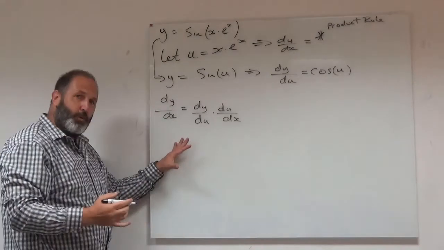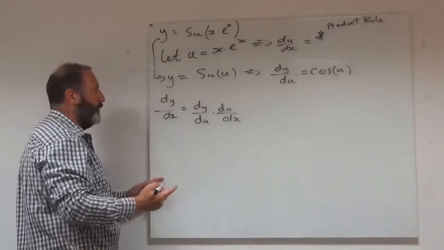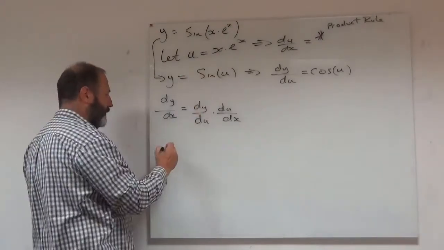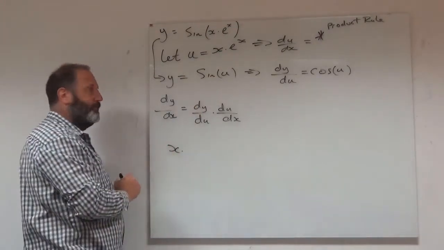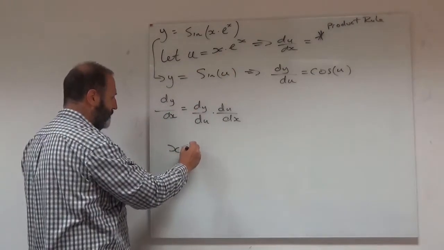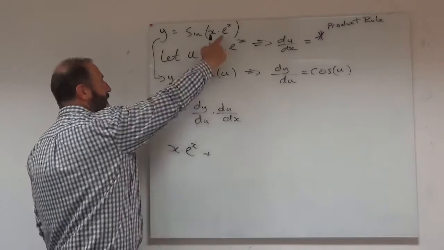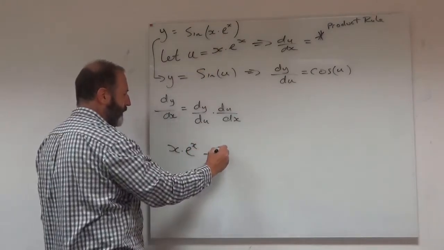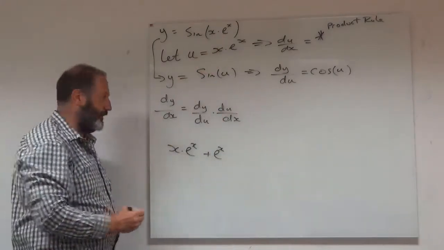I'm going to go through this quite quickly because you will have seen some of these examples before. If I differentiate this product, I have the first term multiplied by the differential of the second term, plus the second term multiplied by the differential of the first.